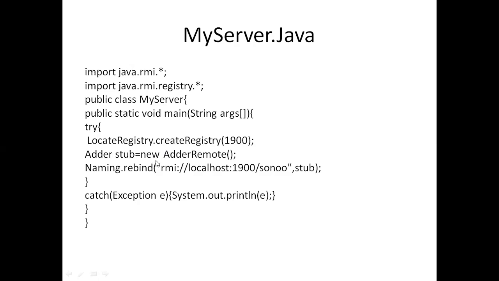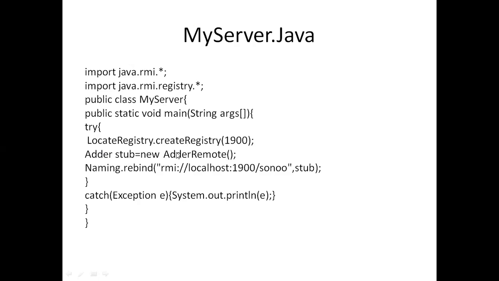Now next, what is my server doing? My server is providing a service. What service is my server providing? A service called adder. So for that I am creating an object called stub.